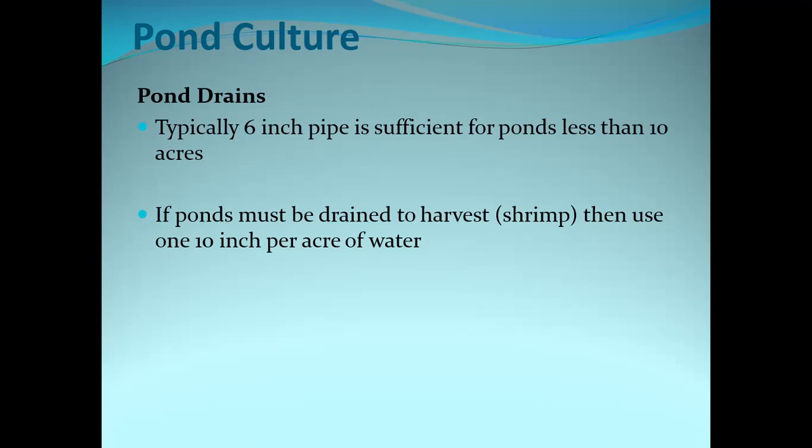The shrimp will jump and move all around, so it's very difficult to harvest them. So especially when you're growing shrimp, you want a drain out and a pond with a shallow end and a deep end, so you can concentrate all that shrimp within the harvest basin and easily take everything from it.